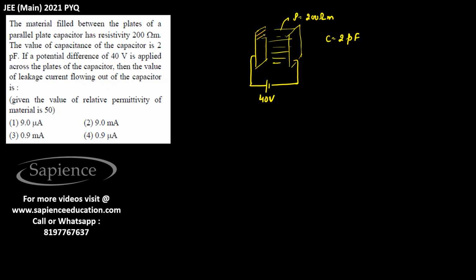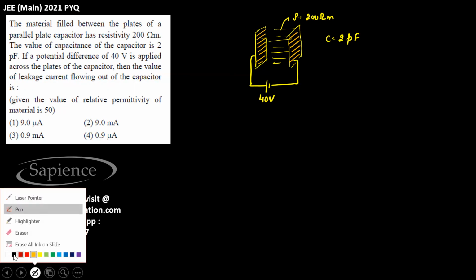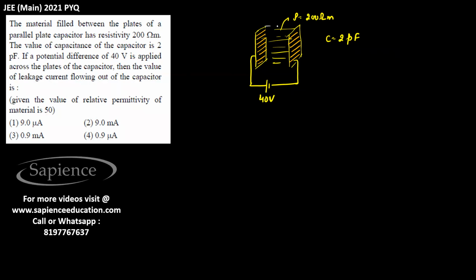Now the concept of leakage current. Generally in NCERT we don't take the leakage current concept, but here we have to understand it. Generally we assume it's a perfect dielectric, and the dielectric constant of the material is given as 50. So there will be no flow of charges or current through this. But here the problem is that it has a certain amount of resistivity, and theoretically we are assuming it has infinite resistivity.